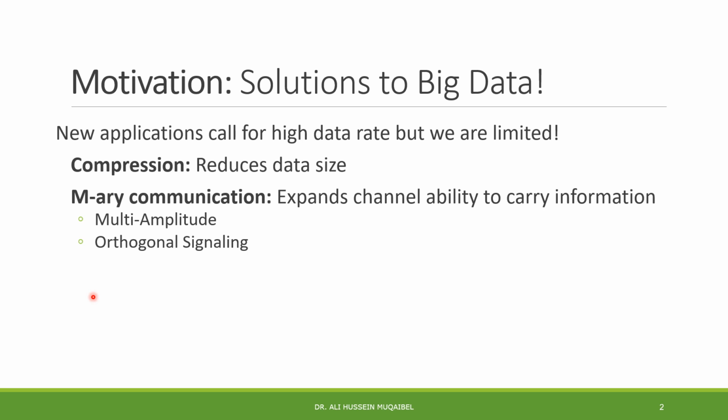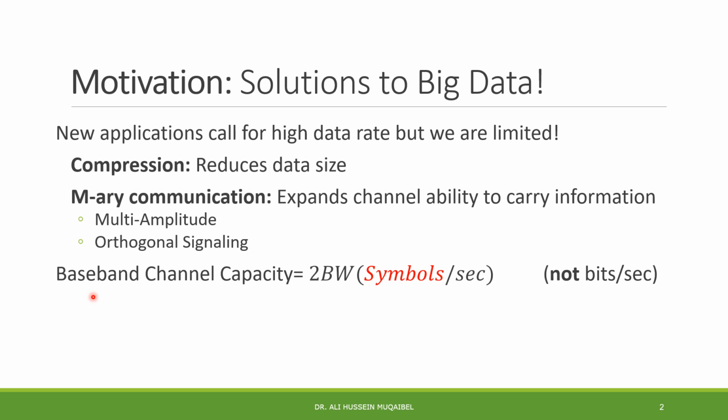So let's recall the channel capacity theorem. There we learned that for a baseband channel, the channel capacity, the highest data rate that you can transmit, is twice the bandwidth. For a given bandwidth, let's say 1K, you can transmit 2K symbols per second.